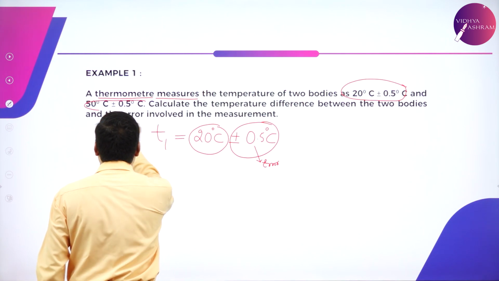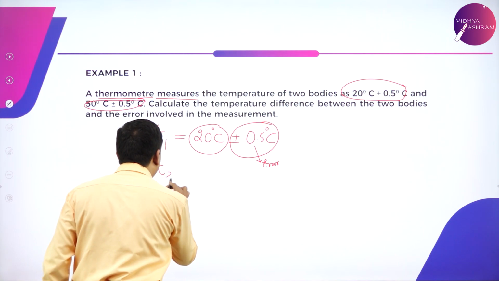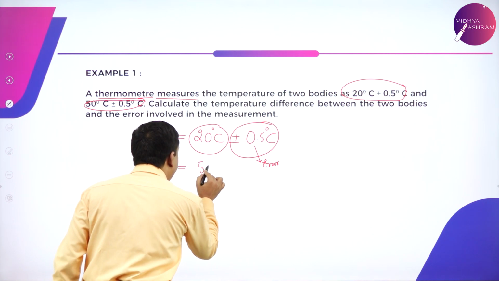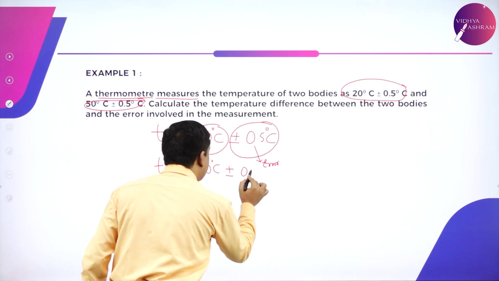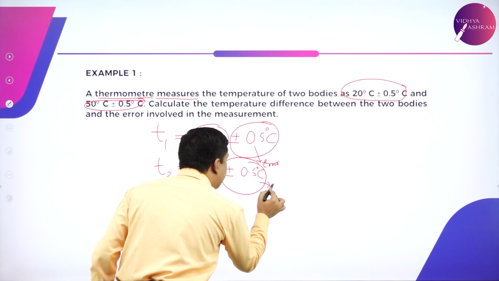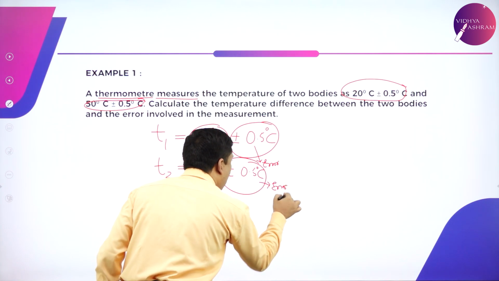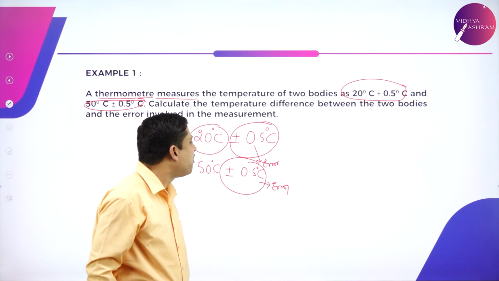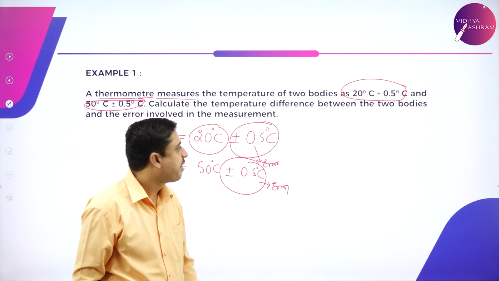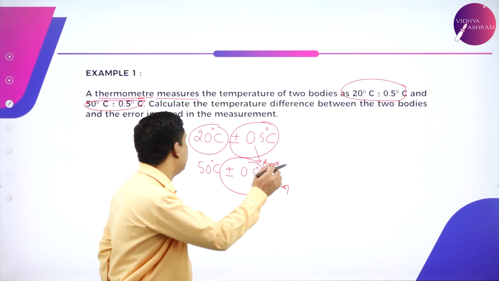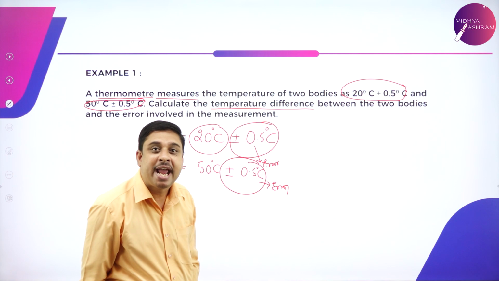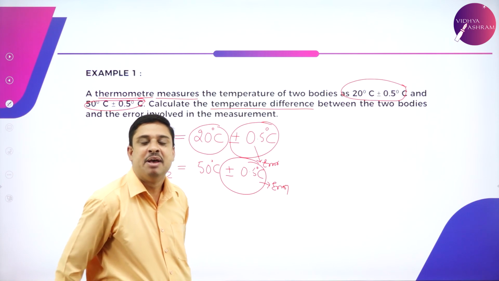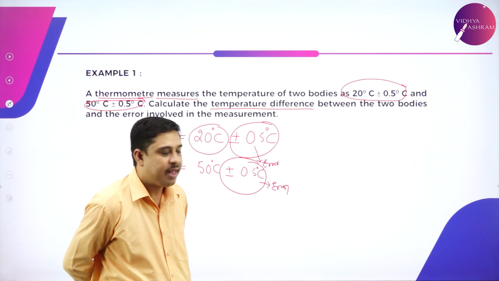And the temperature of the second body T2 equals 50 degrees Celsius plus or minus 0.5 degrees Celsius. Again here the error is plus or minus 0.5 degrees Celsius, from which I have to calculate the temperature difference between the two bodies.